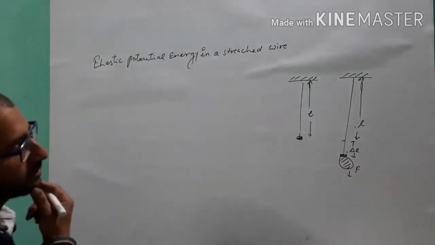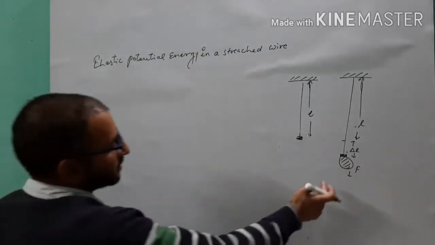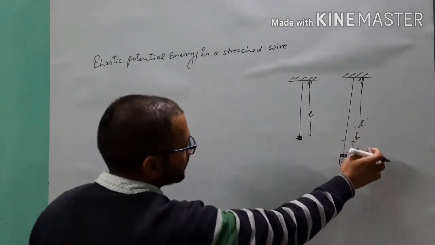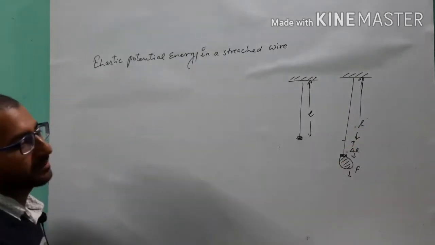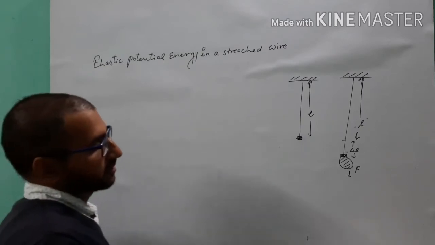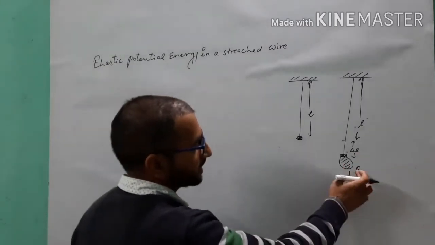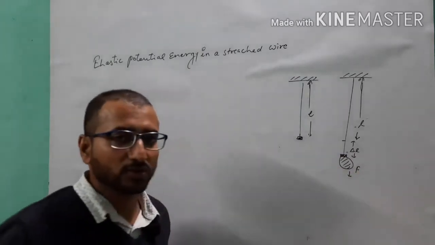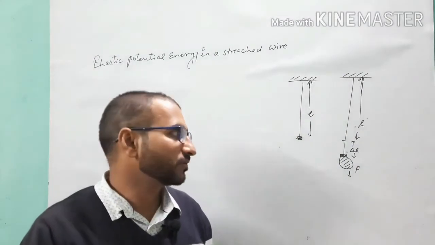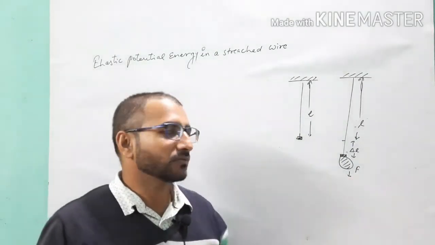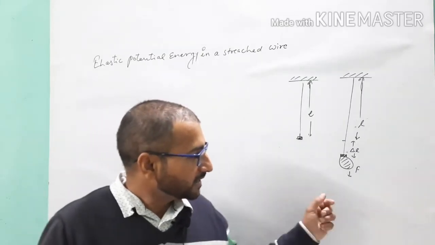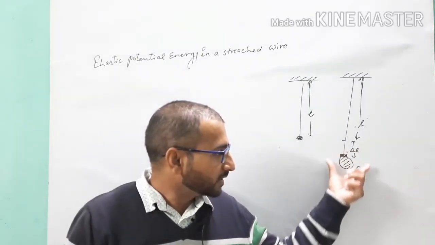Point clear? So on applying some external force, the wire length increases to a certain value delta L. After removing that deforming force, we will see the wire regain its original configuration if we are applying the force within the elastic limit. But we will see here the amount of work done.